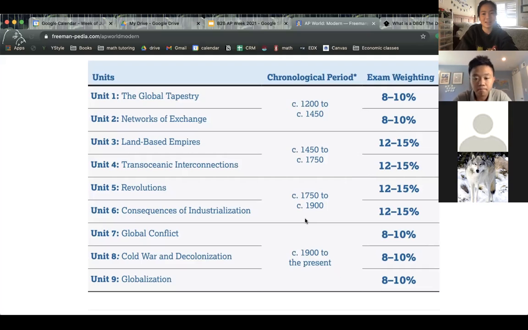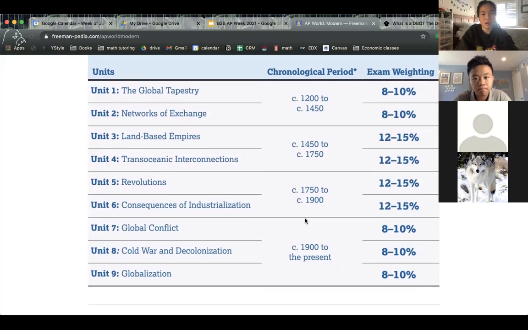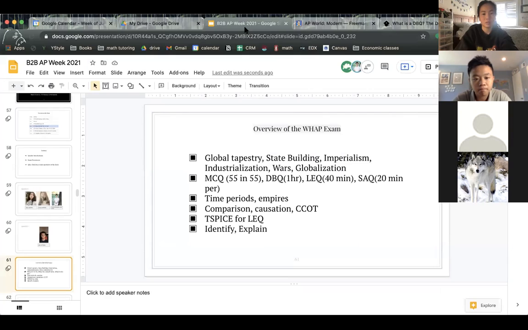And then this next portion is the types of DBQs you'll see on the exam. So there are 3 types you'll see typically: comparison essays, causation essays, or CCOT, which stands for change and continuity over time.